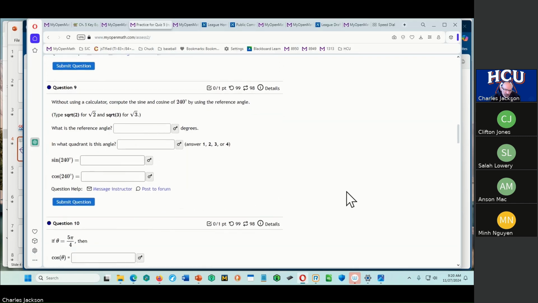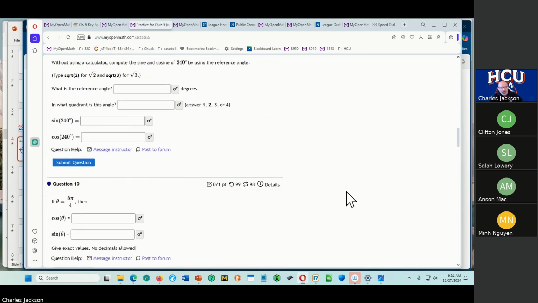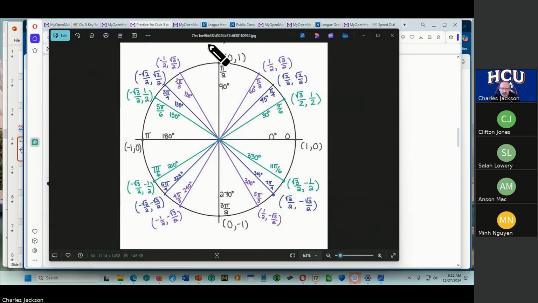Without using a calculator, compute the sine and cosine of 240 degrees by using the reference angle. Squirt 2 for square root of 2 and squirt 3 for square root of 3, yeah. What is the reference angle in degrees? 240 is this angle here.